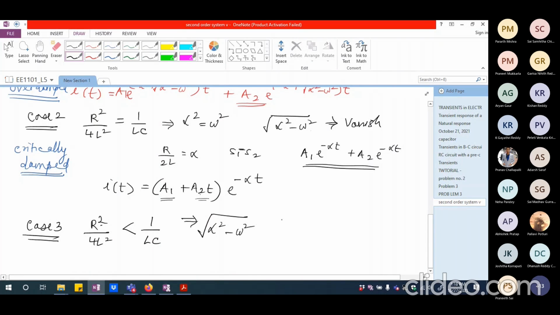So what we are going to get here is root of alpha square minus omega square. When I try to calculate, this is going to be a square root of a negative number. And whenever we are talking about square root of a negative number, it is generally square root of minus 1 multiplied by square root of this positive number, where we have removed this minus 1 separately.